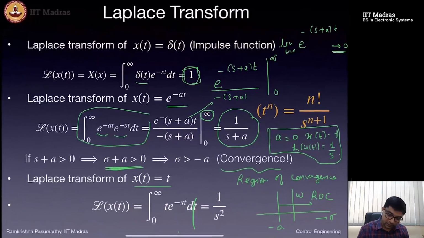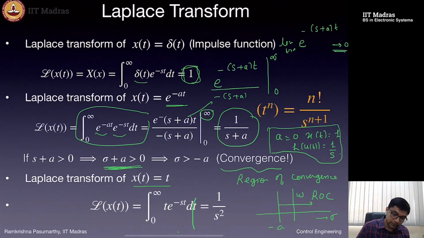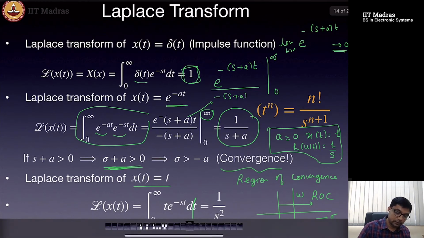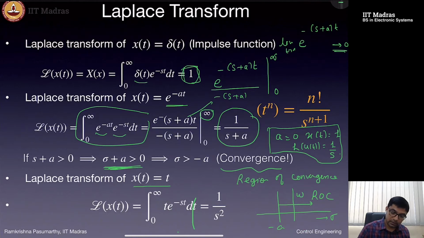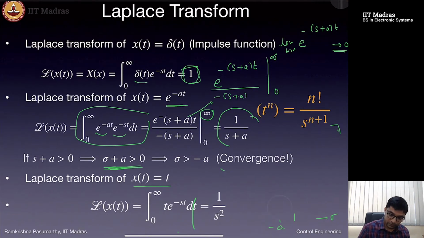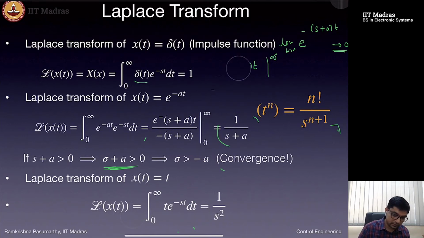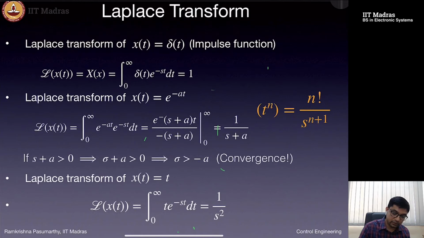Okay, nice. So I have the Laplace transform of t is 1 over s square. Let's nicely summarize what is going on here.